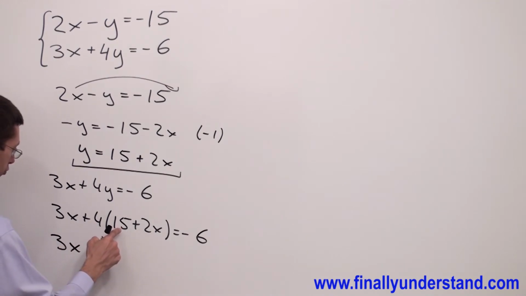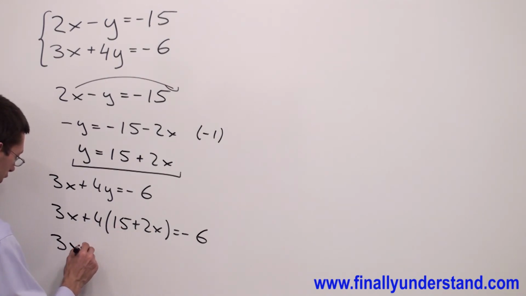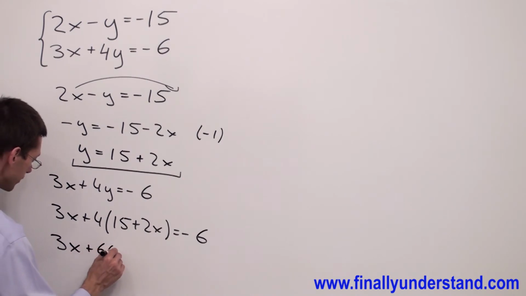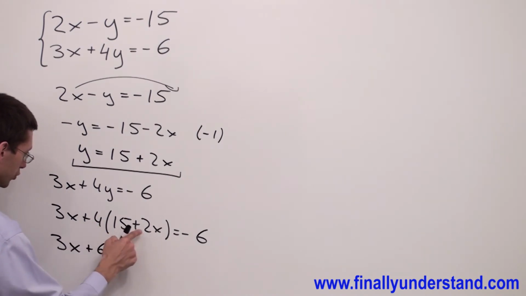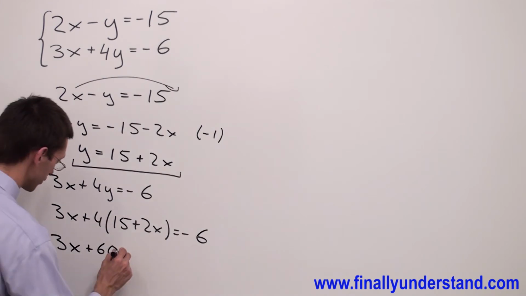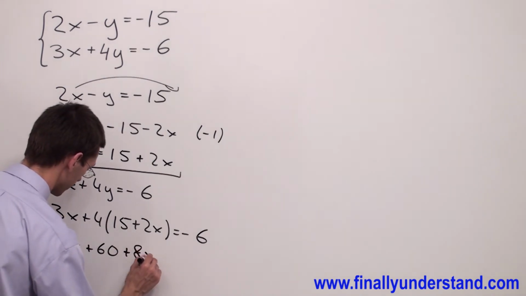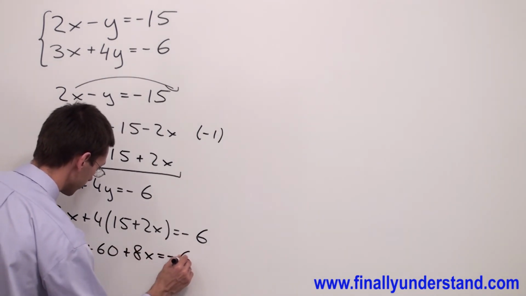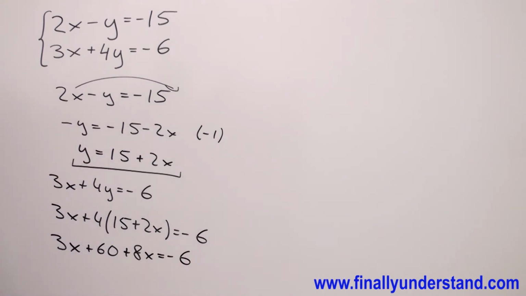4 times 15 gives me 60. 4 times 2x gives me 8x equals -6. Next, we're supposed to combine the like terms.